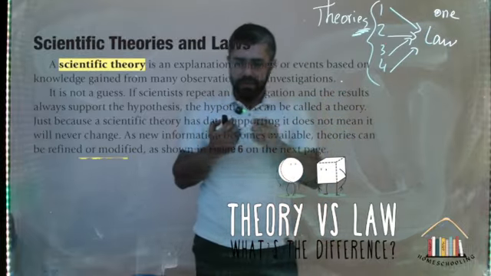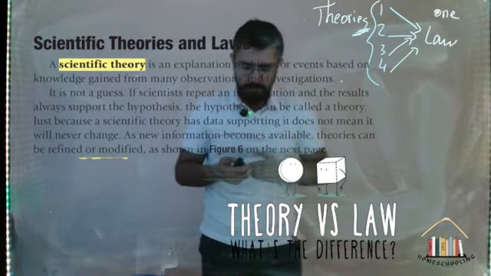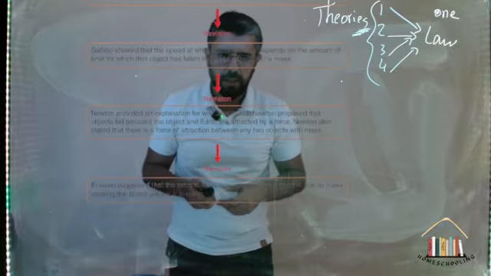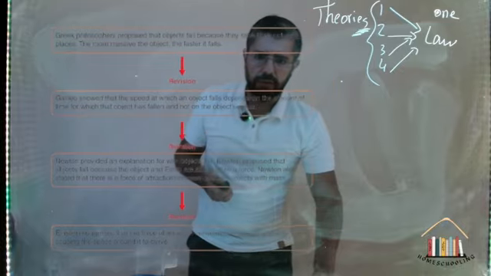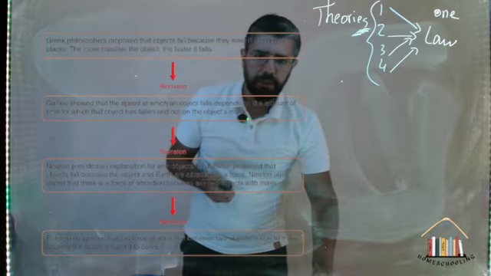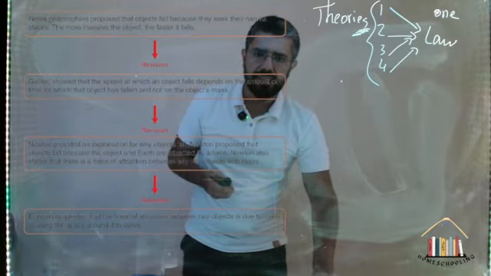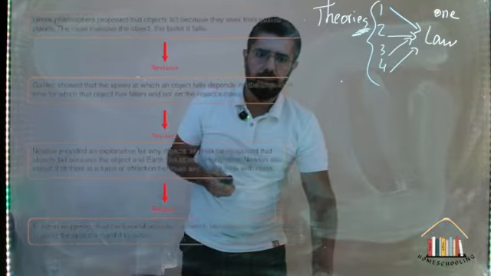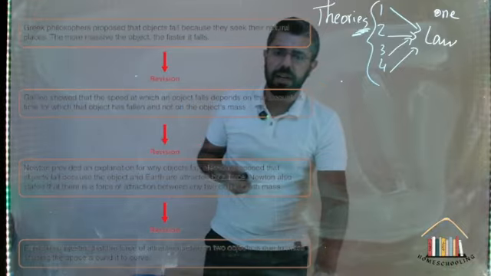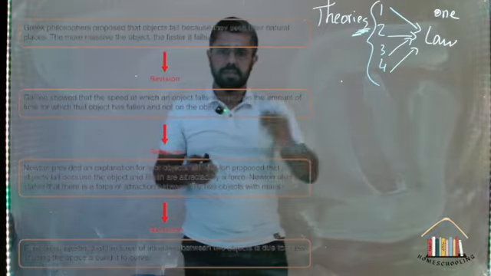We have a beautiful example here in our book, I don't know if you can see it clearly here. We have the example of the law of gravity. We have 4 theories as you see here.